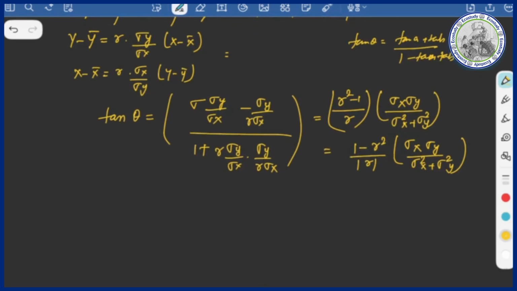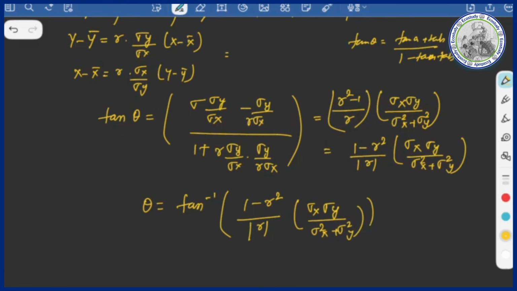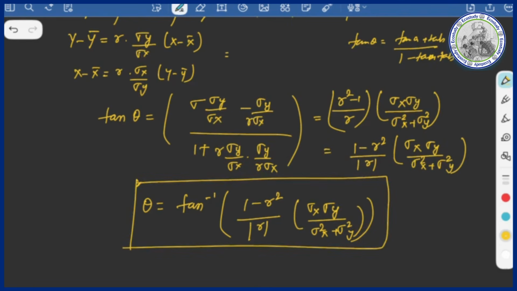So the angle is equal to tan inverse of 1 minus r square by r, into sigma x sigma y over sigma square x plus sigma square y. So this is your angle.